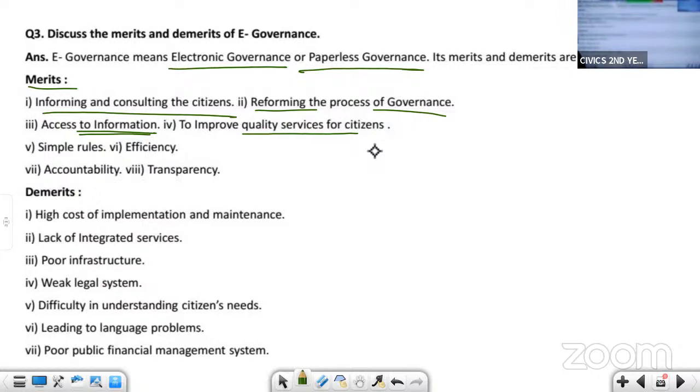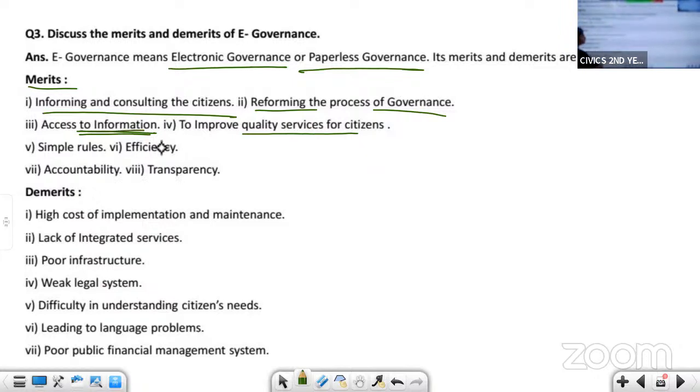Now you need not go to that office. Sitting at your home, you can pay your electricity bill, water bill, all the bills, all the transactions, whatever you want.